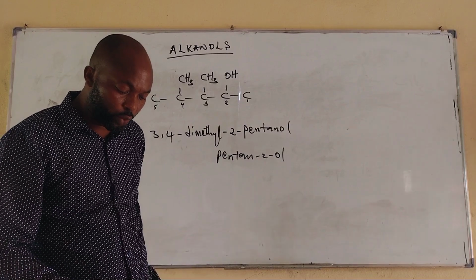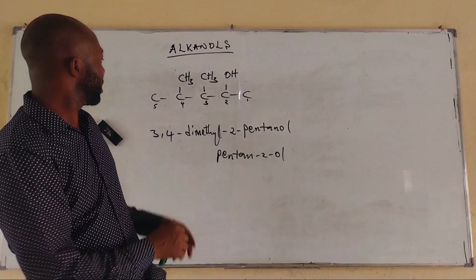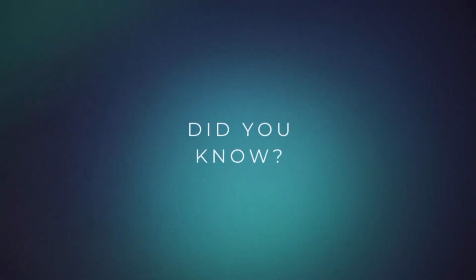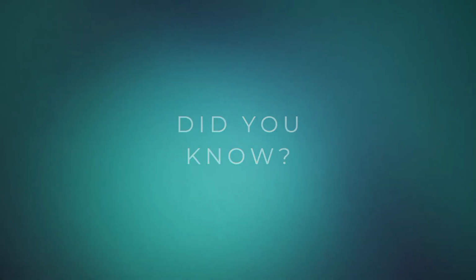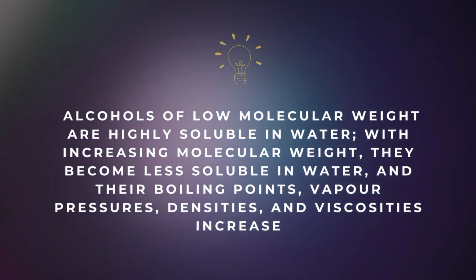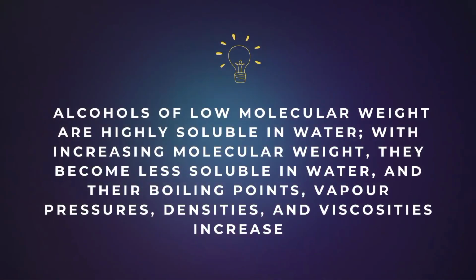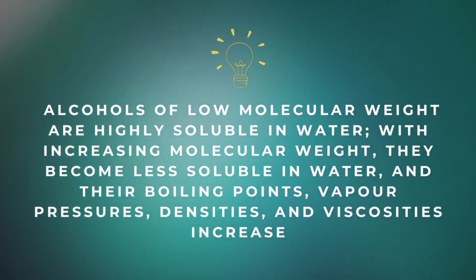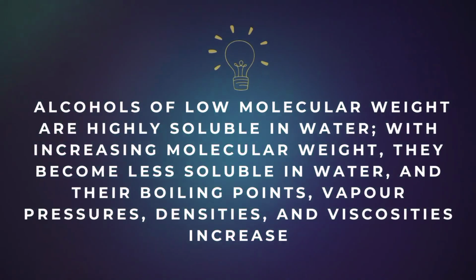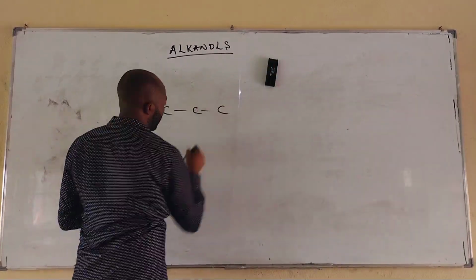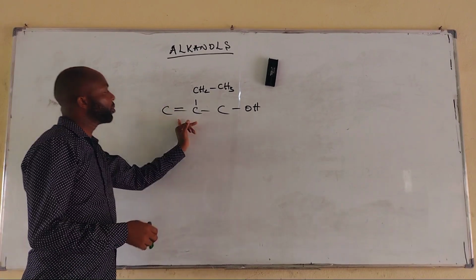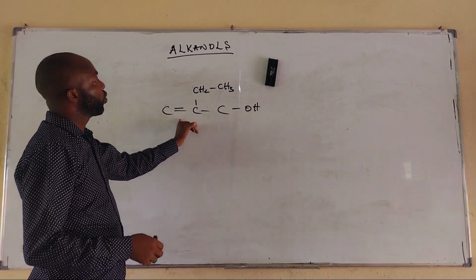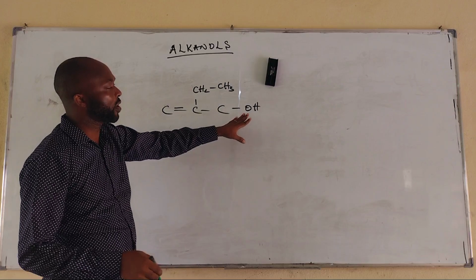So we will have 1, 2, 3. Let's take an example here. So now we have a double bond, we have a substituent, and we have our functional group.